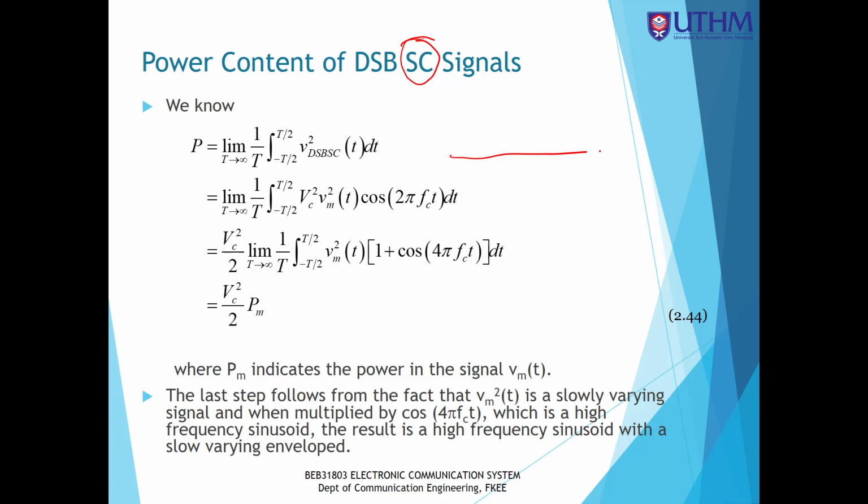So secara full mathematics equations, you see that the total power is from the limit minus T over 2 until T over 2, so from the lower to the upper, of V squared over R. Where is R? Remember, we always use the equation of power, V squared over R. Kalau dalam RMS.